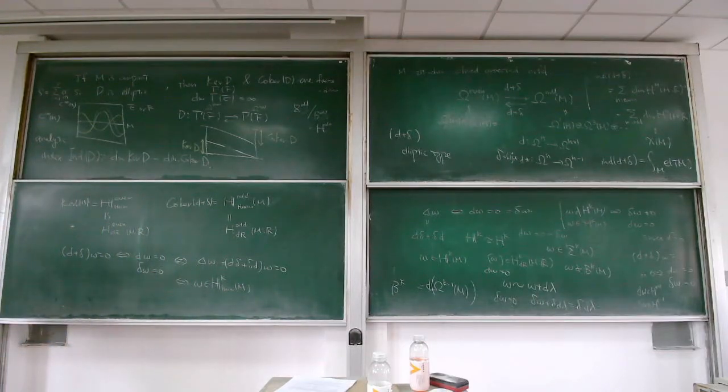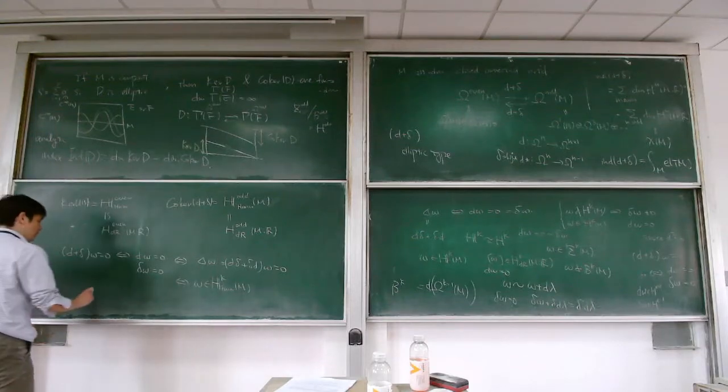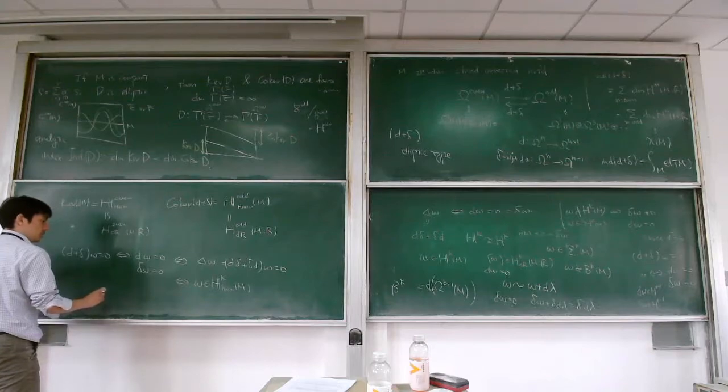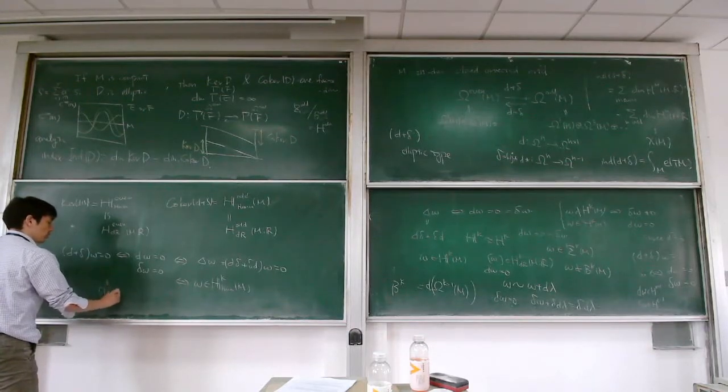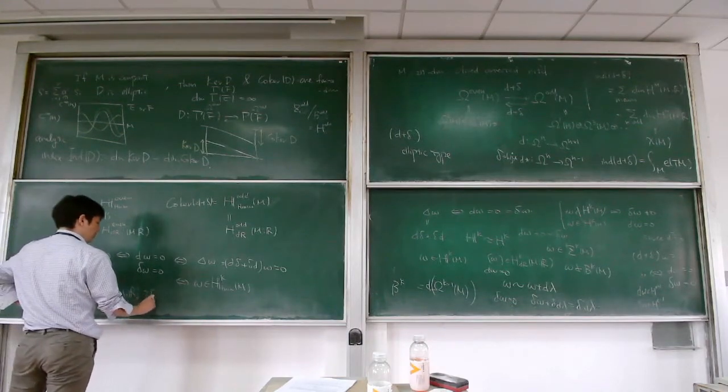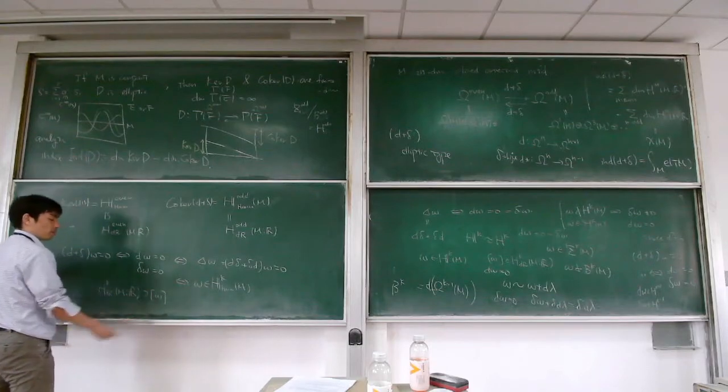And then you can always take an element of de Rham cohomology, so the representative of omega as a harmonic form.